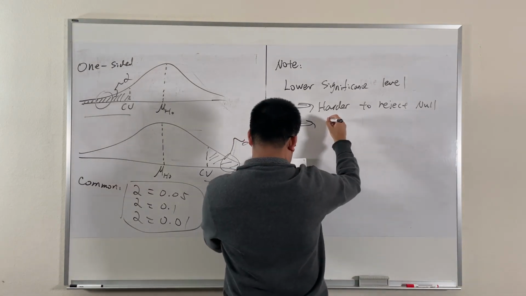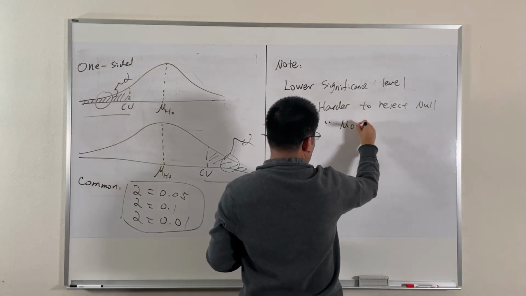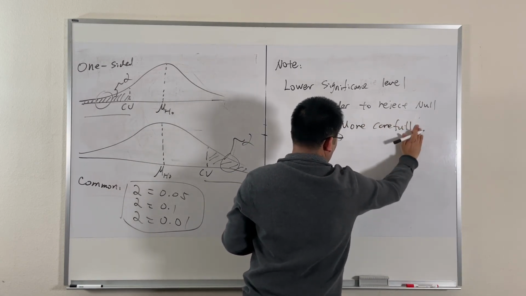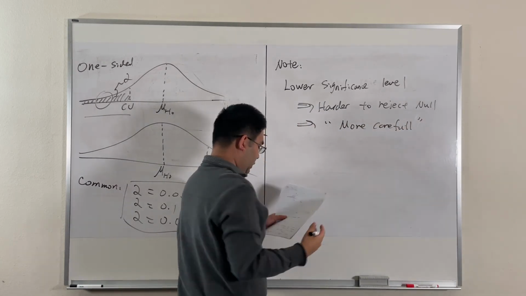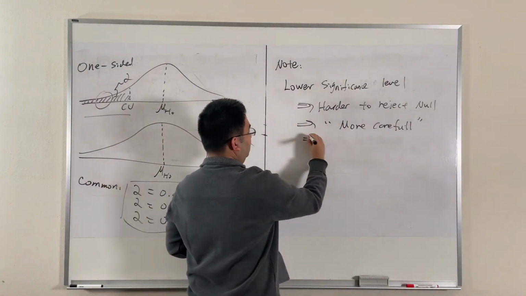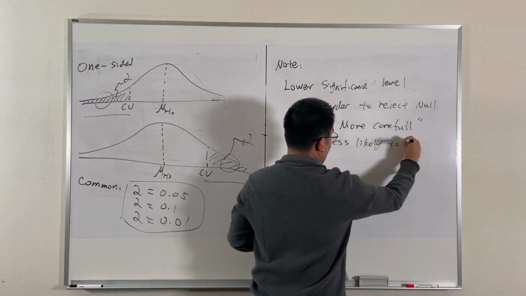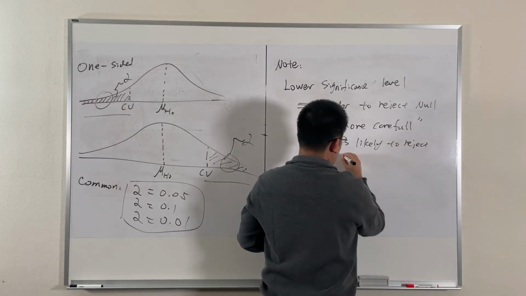In this case, you're being more careful, so you're less likely to reject your null.